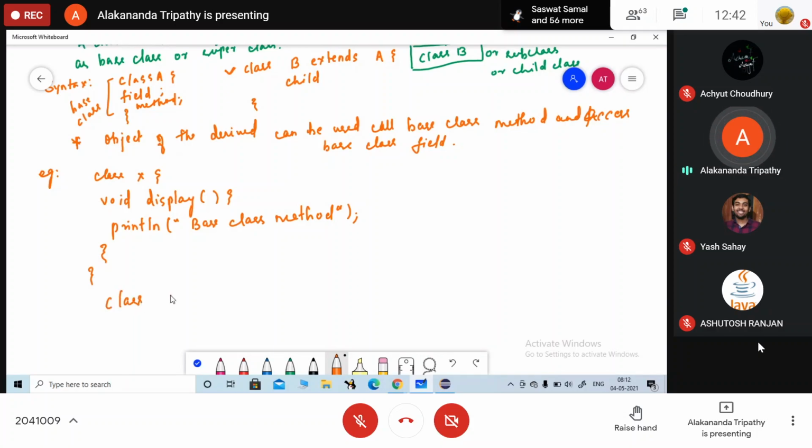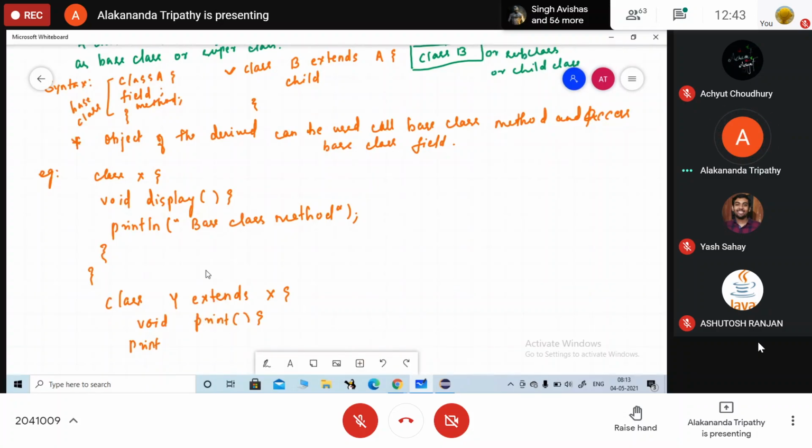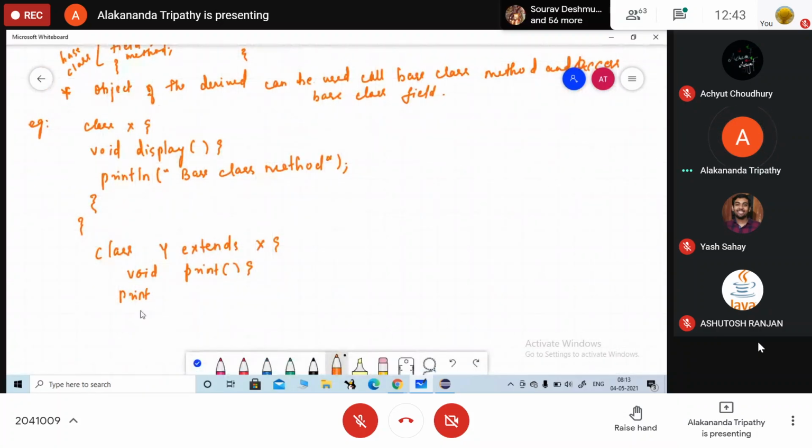Another class Y extends X. So remember here you are going to use extends. Don't write extend, otherwise an error will come. Void print, println derived class method.